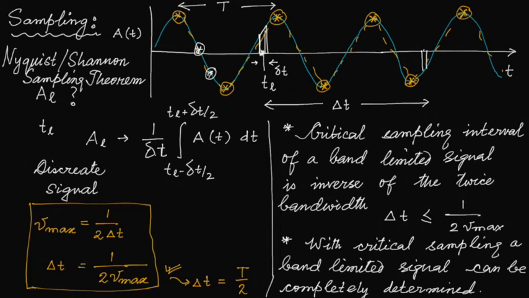So the signal a_l is the average of the actual signal over that range. Is this clear? So this is what the discrete version actually is. You have a small window in time over which the signal comes, and the discrete signal is the average of that.